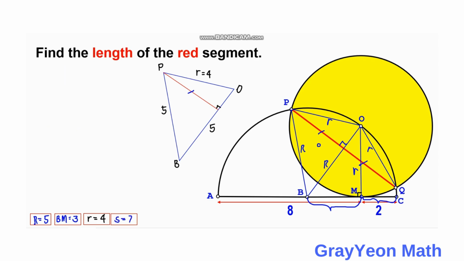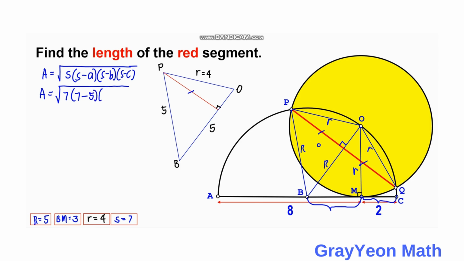By Heron's formula, the area is equal to the square root of S times S minus A, S minus B, and S minus C. In our case, the semi-perimeter is 7, and 7 again, minus one side, which is 5.